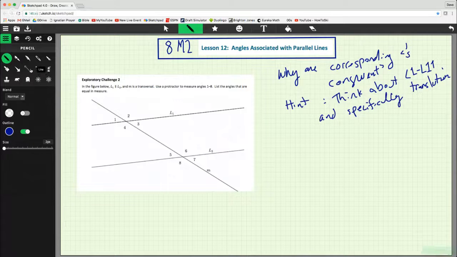I'm going to give you the hint here, and I'm really going to harp on it. Let's just think about this angle here.